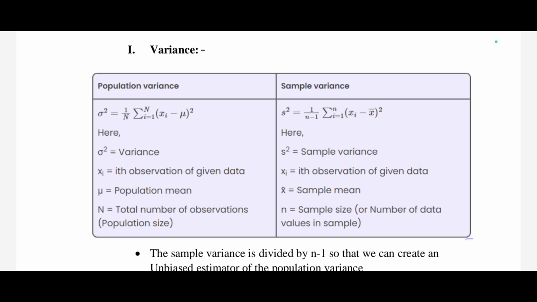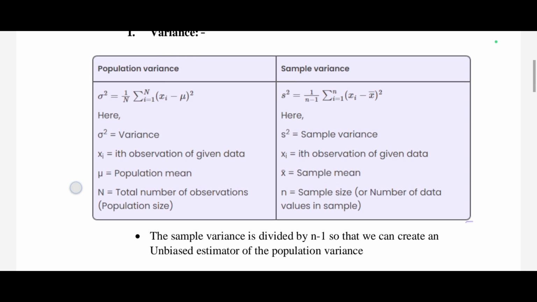For the sample variance, let x1, x2, x3 and so on be n observations. These are called the samples from the given data. For that we calculate the sample variance: 1 divided by n minus 1, summation i runs from 1 to n, xi minus x bar, whole square.